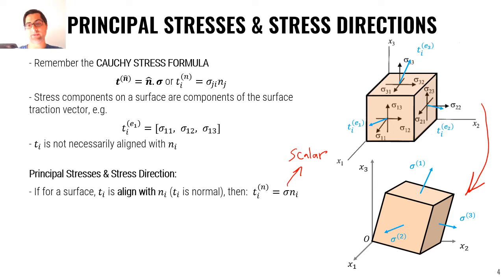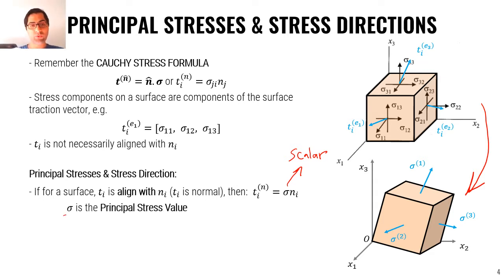So compared to the top cubic element, if we rotate that cubic element so that its surfaces become perpendicular to the traction vectors on those surfaces, we end up with no shear stress on any of these surfaces, and we end up with a cubic element with only normal stresses on its surfaces.